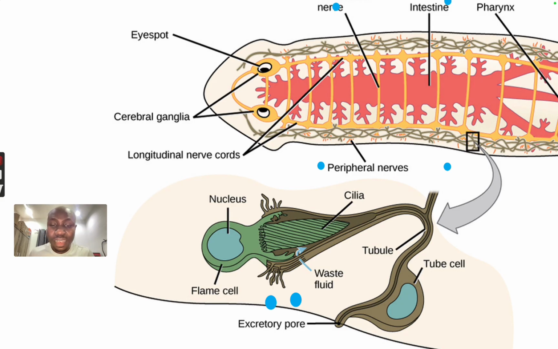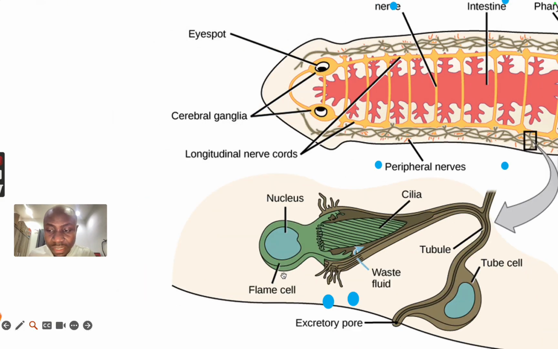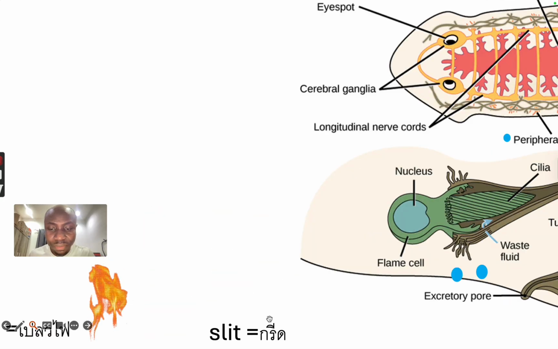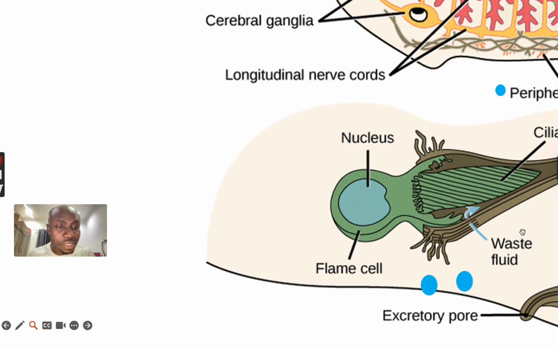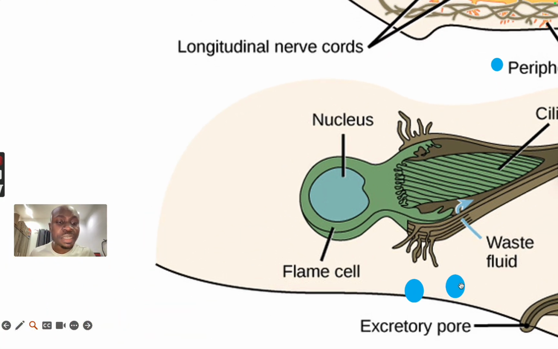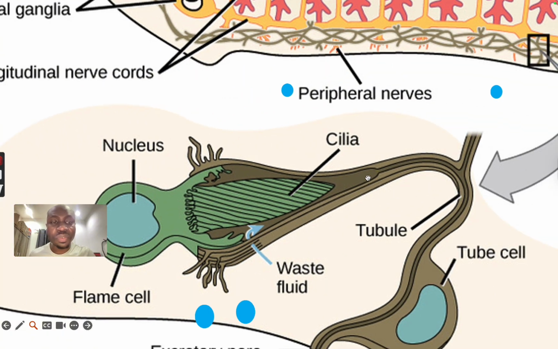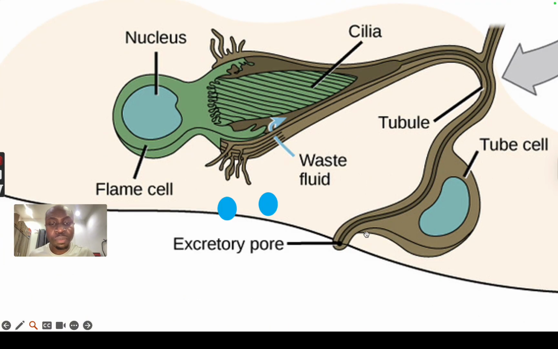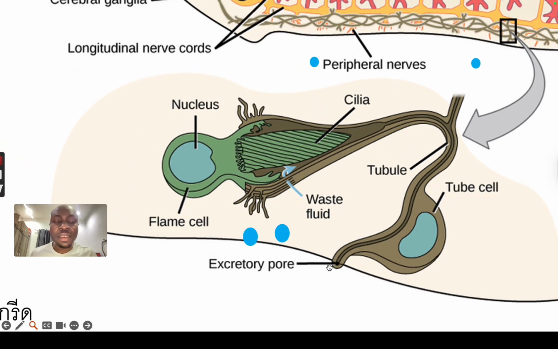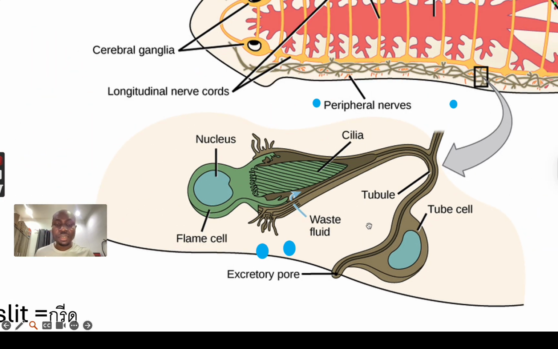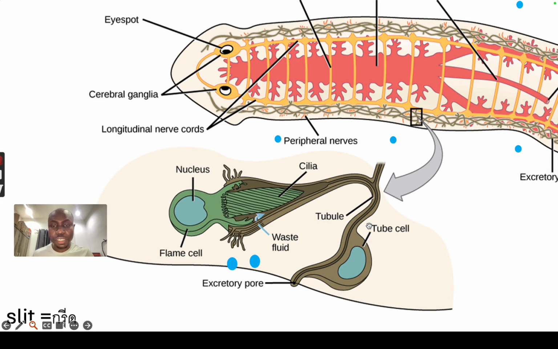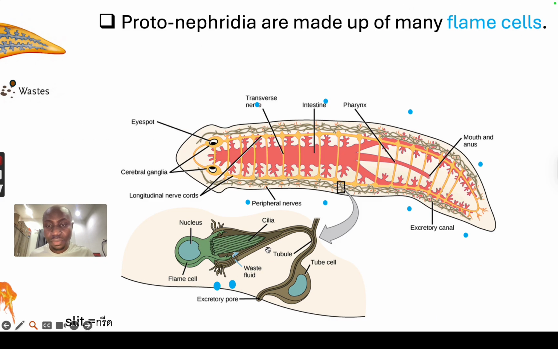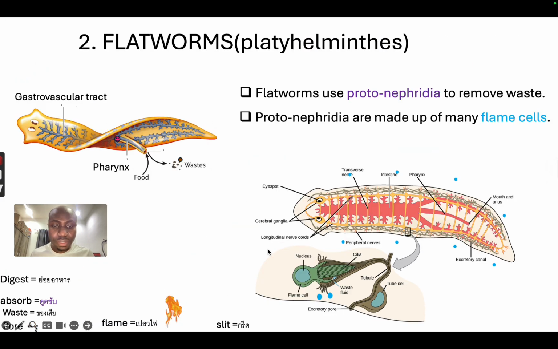Now on the side is a little slit. This is a slit. If you zoom in, you see here a little hole. The water can move into the slit and move out of the body. Now, how does it work? If I can show you here, if you click on it, the water moves into the slit to this area where we have the cilia.